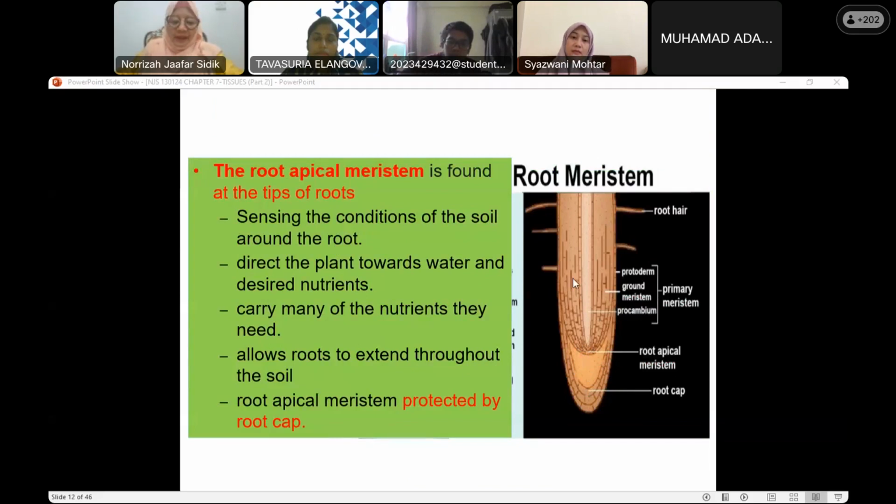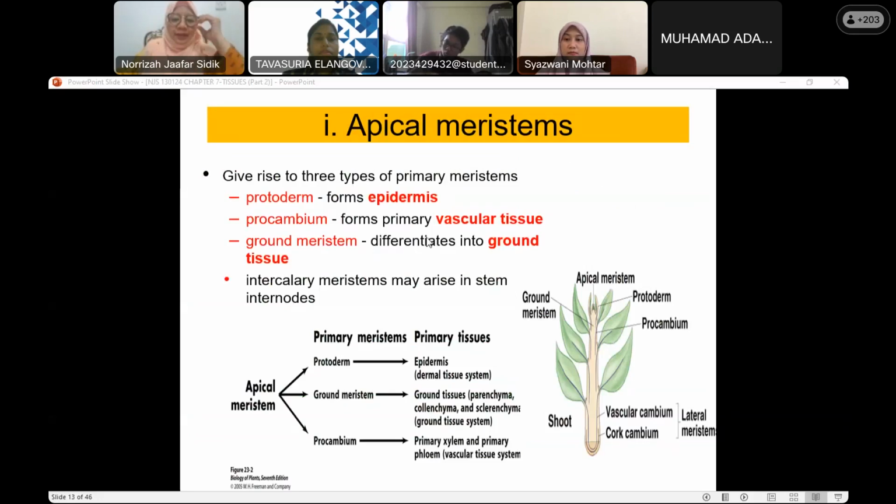They can grow towards the water and the nutrients, and allow the roots to extend throughout the soil. And at the tip here, you can see the root cap, as a protection for the roots here.